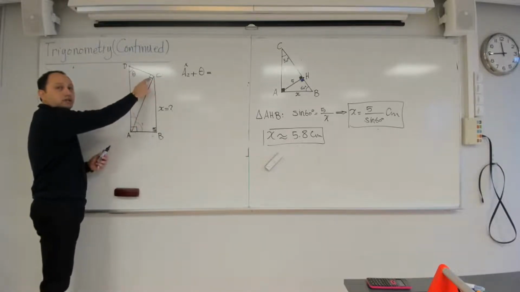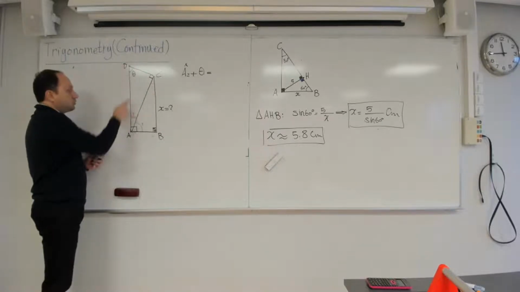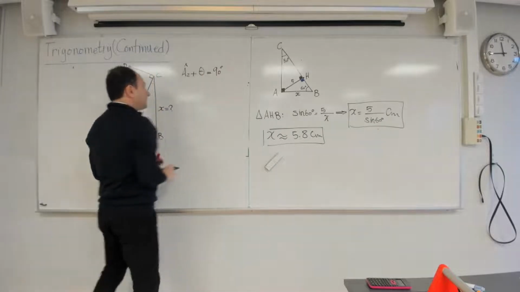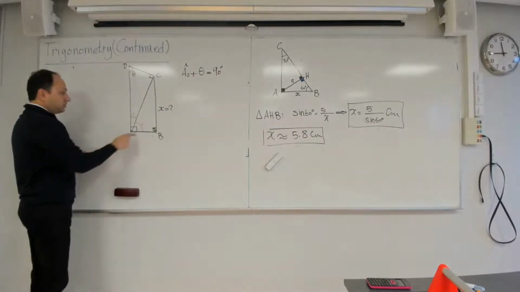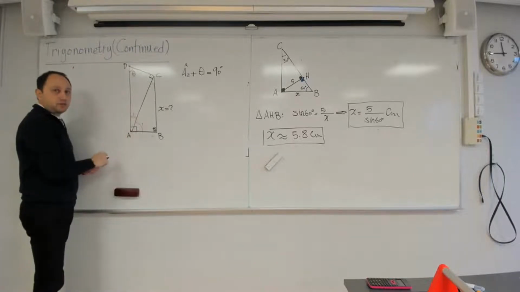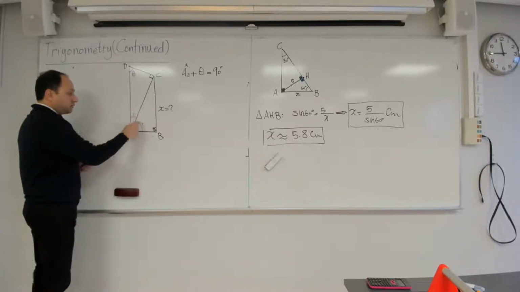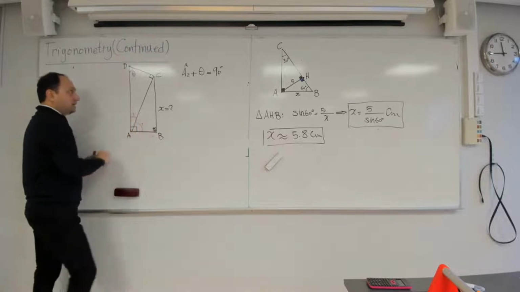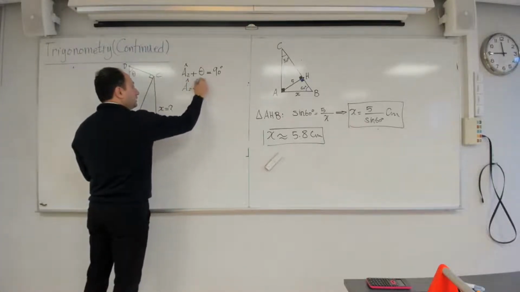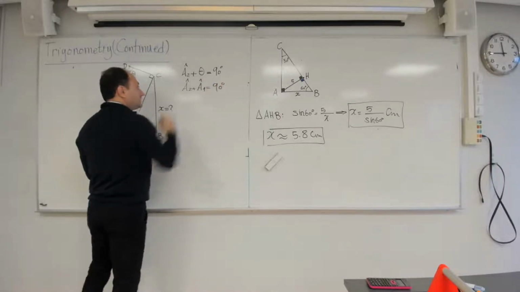This is already 90 degrees, so the sum of these two angles is 90 degrees. And also, this angle is given to be 90 degrees from the beginning, so if I add A2 and A1, the answer is also 90 degrees.